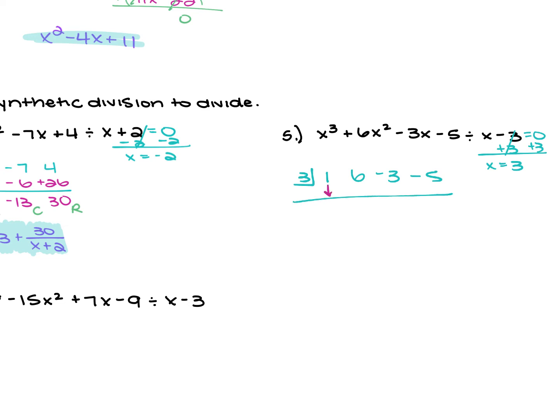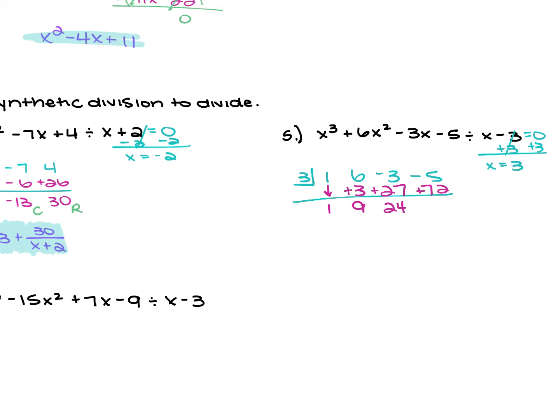Your 1 drops down. 1 times 3 is 3. Put it under the 6 and add it. 6 plus 3 is 9. 9 times 3 is 27. Add it with the negative 3. That gives you 24. From here, we multiply the 24 with the 3. That gives us 72.